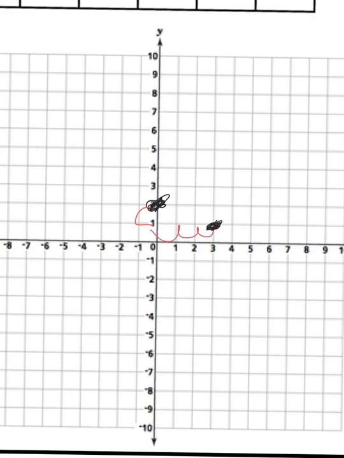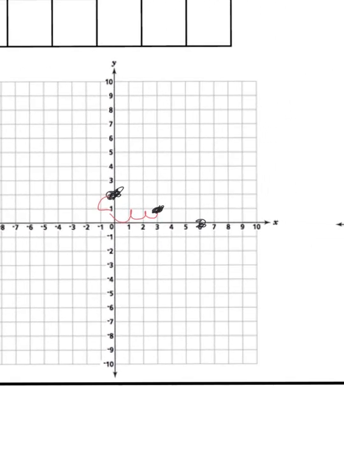And I'm going to keep going in that pattern. Down 1 over 3. Down 1 over 3. And you just do this until you have a sufficient number of points to draw your line. Alright, so down 1 over 3 again.